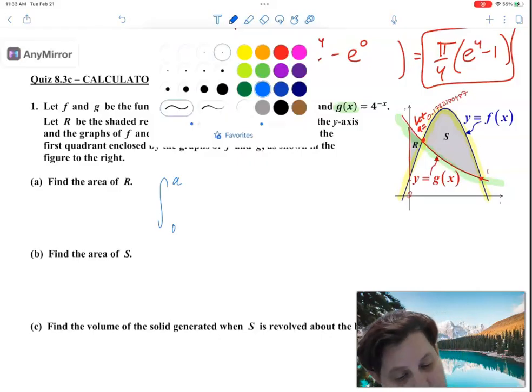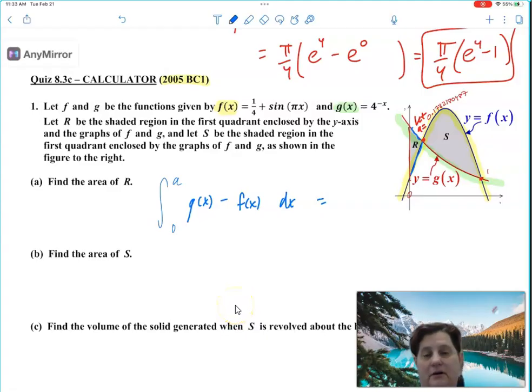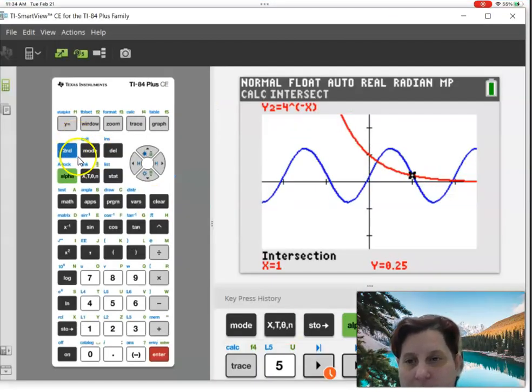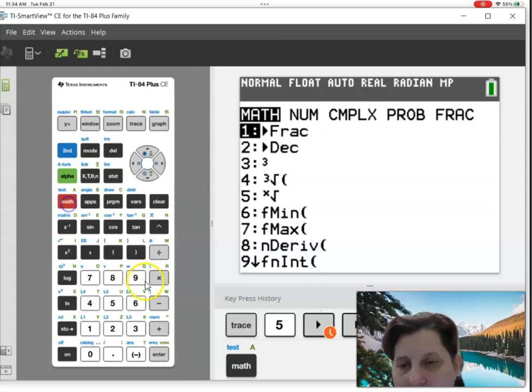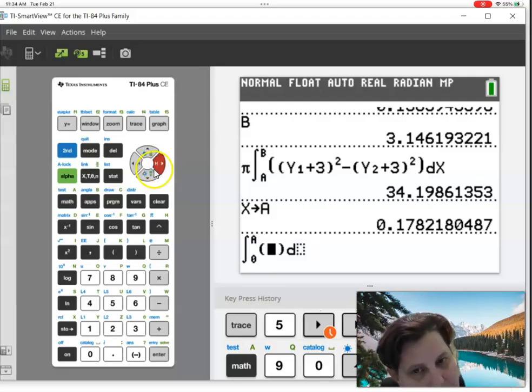All right, so 0 to a. And in R, it's g of x on the top, and it's f of x on the bottom. That's all the graders are looking for on that, right? And then I can literally just go out to the front, and I can go, what is the integral from 0 to a of, and then my g of x was under my y2, I believe.